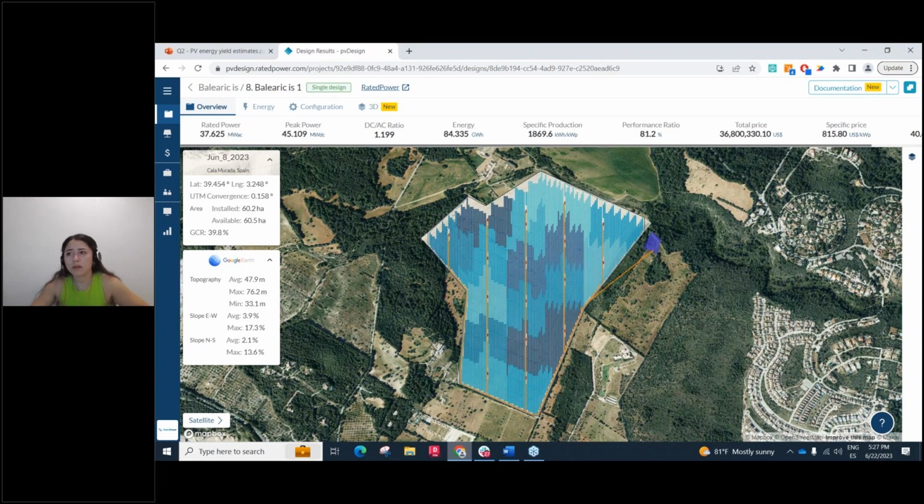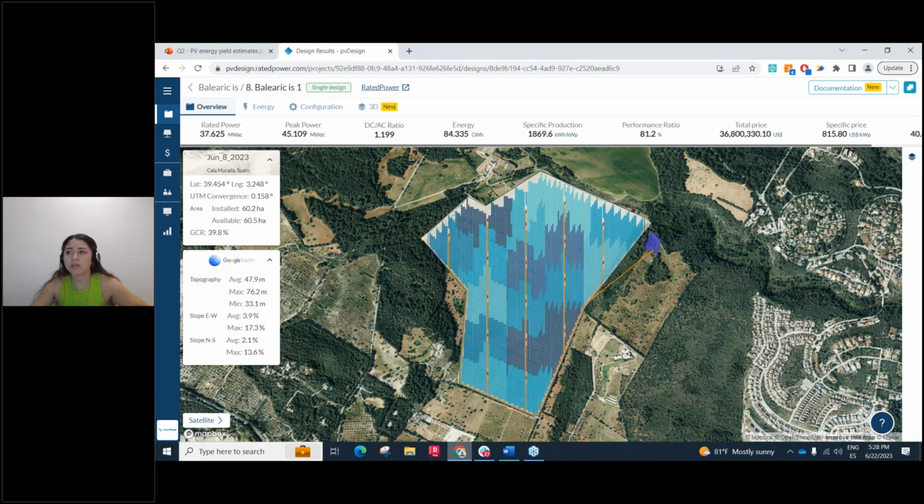Bifacial PV modules have the ability to capture sunlight from both the front and back side, so they allow generating additional energy. Compared to monofacial modules, they increase the energy production and will have a higher P50 than the other type of modules. It also has an impact with the albedo variation.